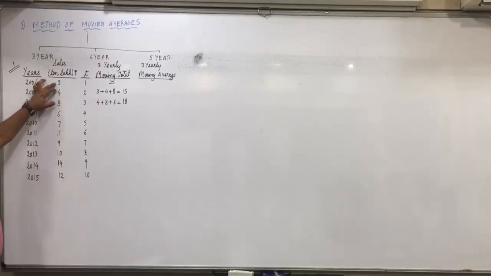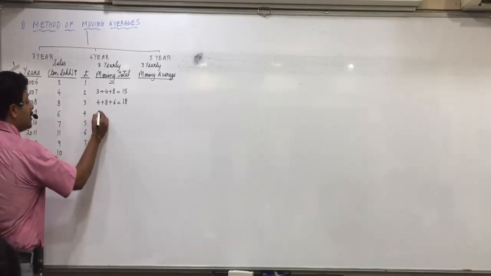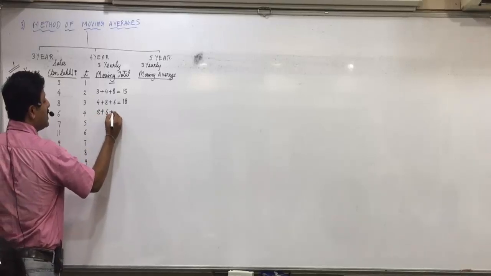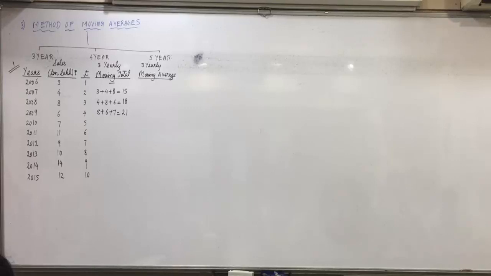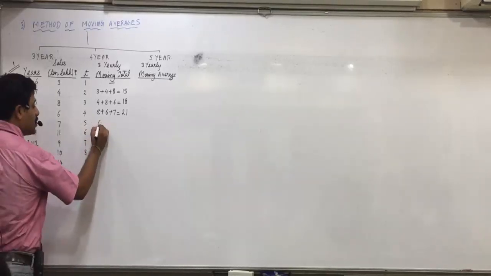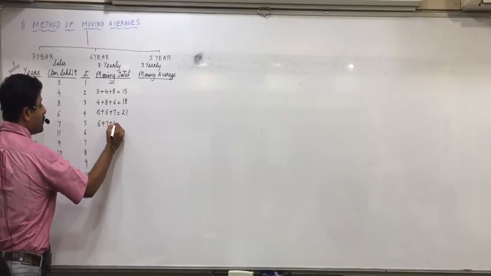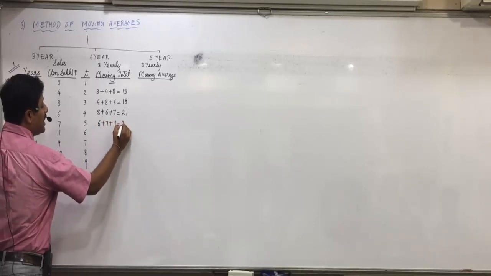Now 8 plus 6 plus 7, 21. One more, tell me. 6 plus 7 plus 11. Understood it or not? Sit down. 6 plus 7 plus 11, 24.